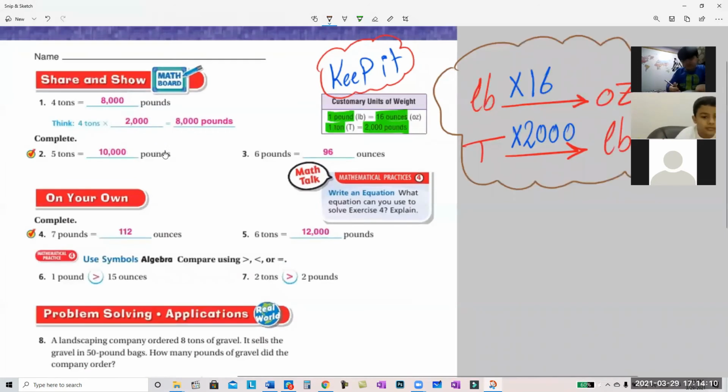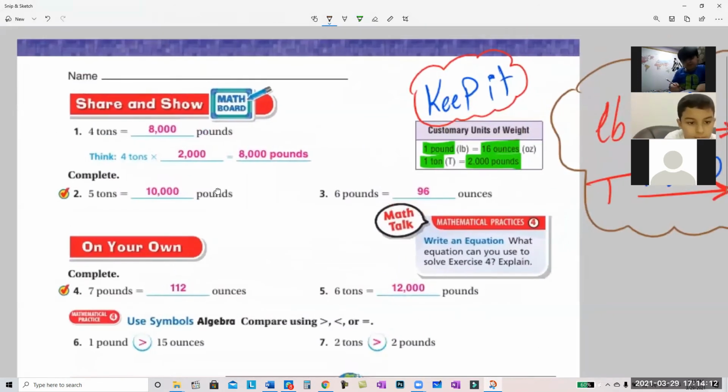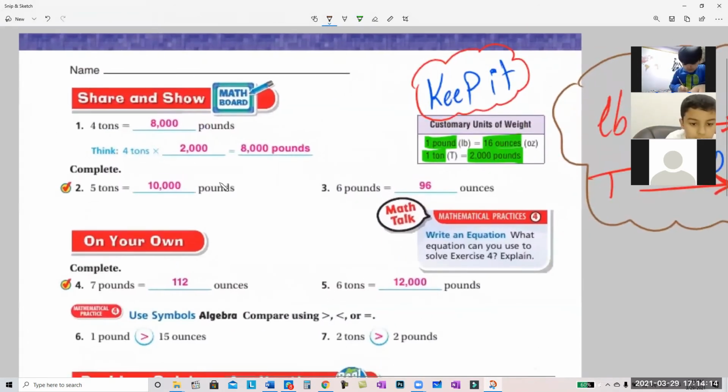Okay, let's continue. I will explain the first one for you, and then I'll ask you to help me with the rest of the page. Okay, 4 tons equals how many pounds? How can we convert from tons to pounds?